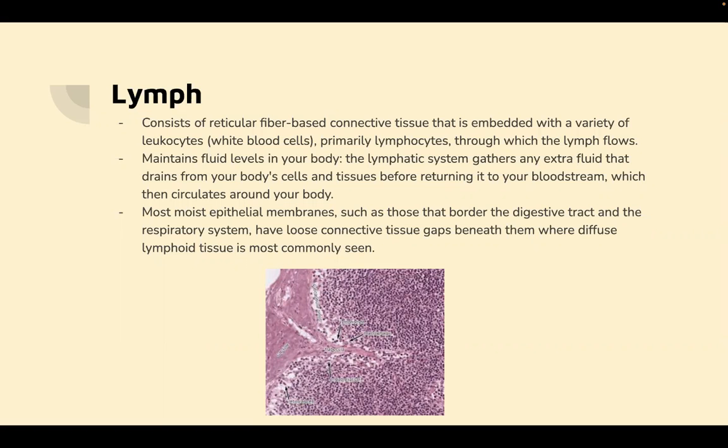It maintains fluid levels in your body and gathers any extra fluid that drains from the body cells and tissues before returning it into your bloodstream, which can then circulate around your body. Most epithelial membranes, such as those that border the digestive tract and respiratory system, have loose connective tissue beneath them where diffuse lymphoid tissue is most commonly seen.